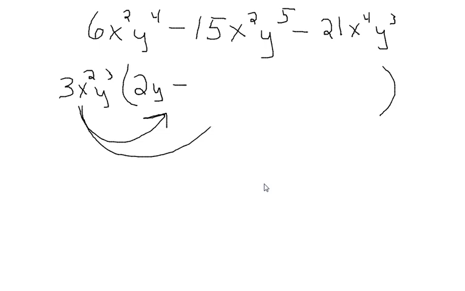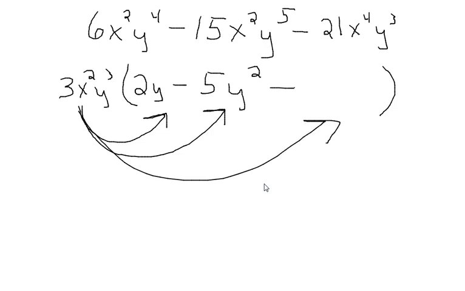3x squared y cubed times what will give me 15x squared y to the fifth? Well, I need a 3 times 5. I don't need anything for the x squareds because it's already there, and then I need a y cubed times y to the second. Then I go to the last term and do the same thing. I put my sign down, and then I say 3 times what will give me 21?